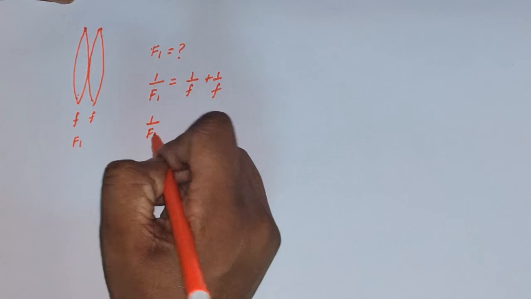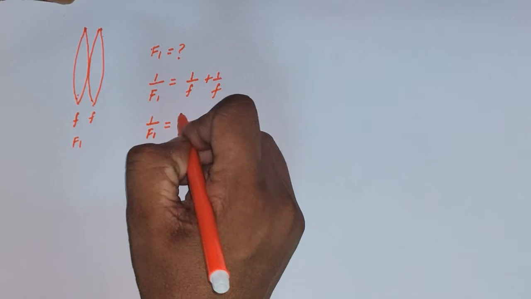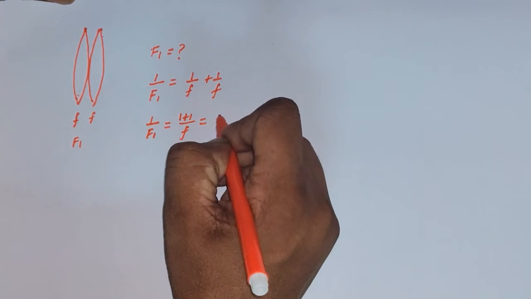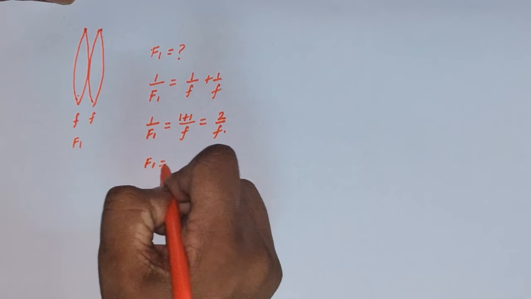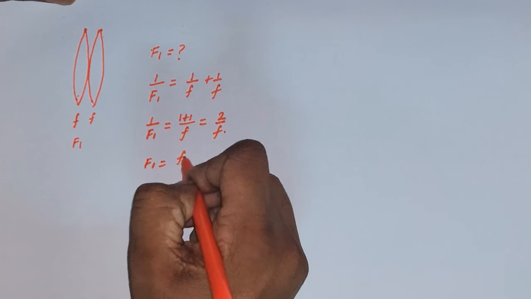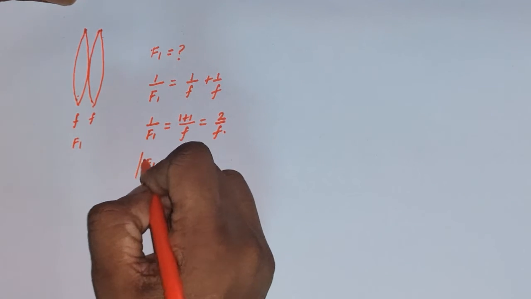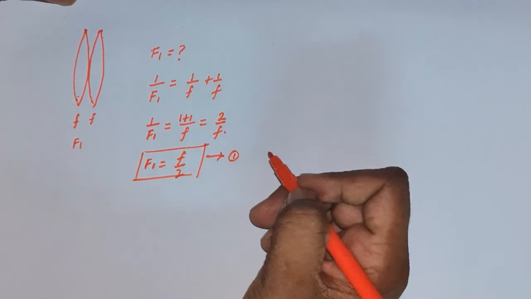So 1 by F1 equals 1 plus 1, that is 2 by f, since the denominators are equal. If you invert the left hand side, you have to invert the right hand side: F1 is f divided by 2. So this is our first combination. You can take this as equation number 1.